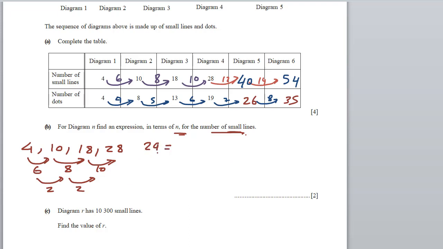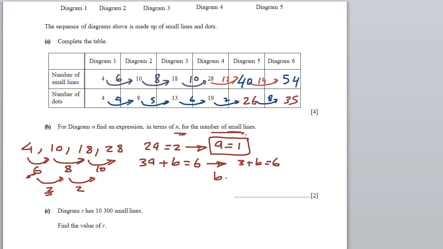So let us start. 2a is equal to 2. So from here, a is equal to 1. Now 3a plus b equal to 6. So 3 plus b equal to 6, so b equal to 6 minus 3 equal to 3.